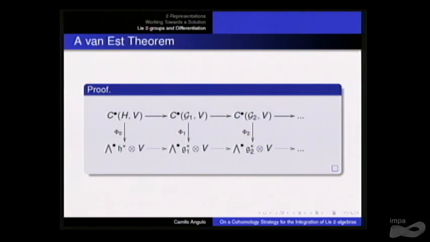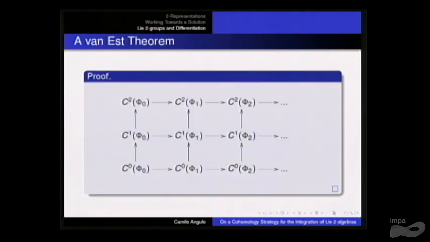And therefore, if I look at the mapping cone of each of these maps, I will have this double complex whose cohomology measures where the thing is inducing isomorphisms, just in the same way as in the case of a classical Van Est map.